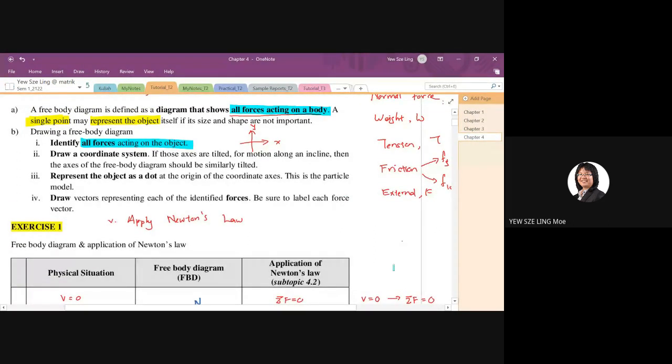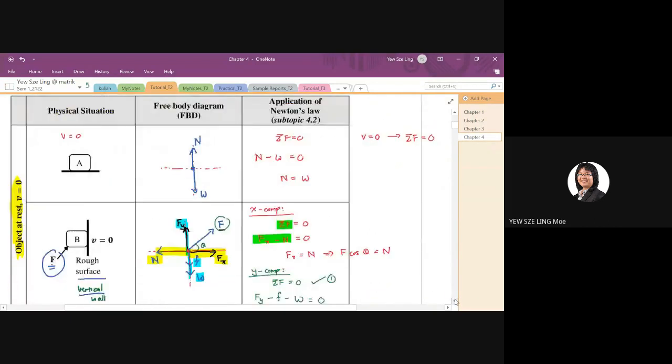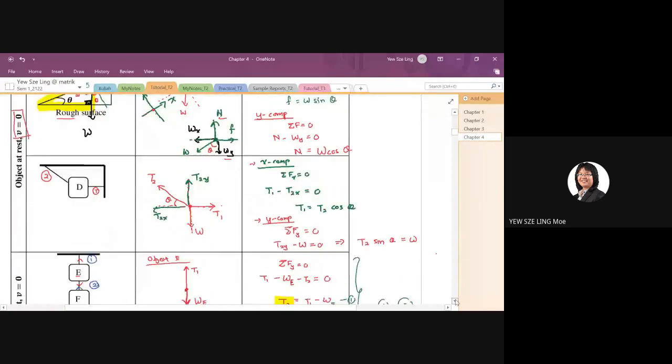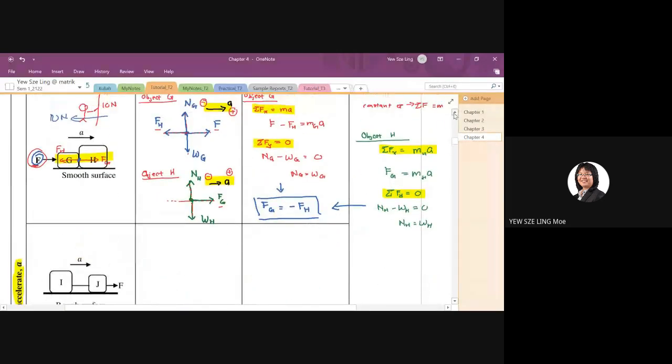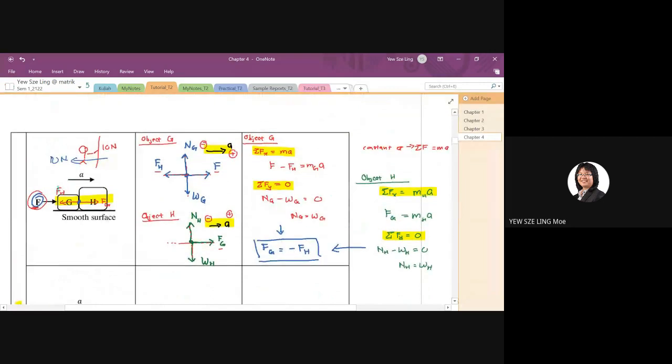Now this FH is being generated by object H. It is not being acted on object H. That's why you don't include it in your object H free body diagram. It is the force generated by H, not the force acting on H. The force FH is being acted on object G. Therefore, we put it in object G's free body diagram.